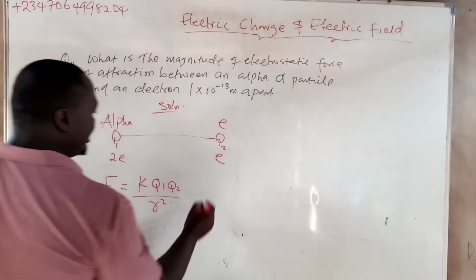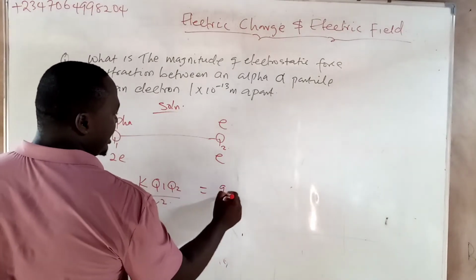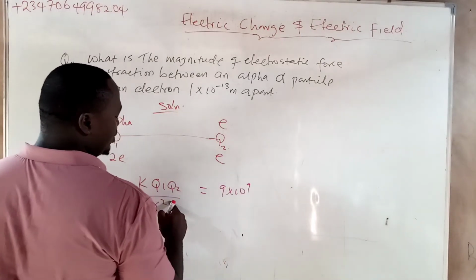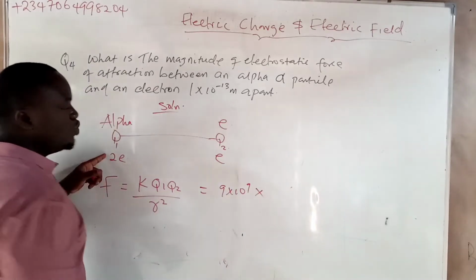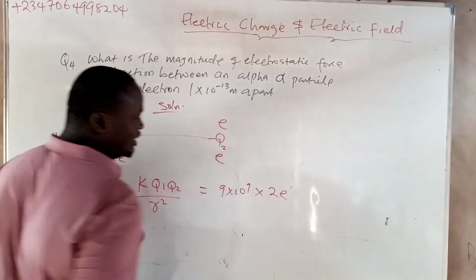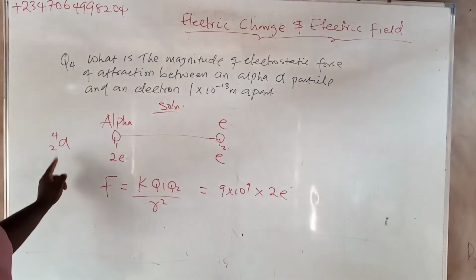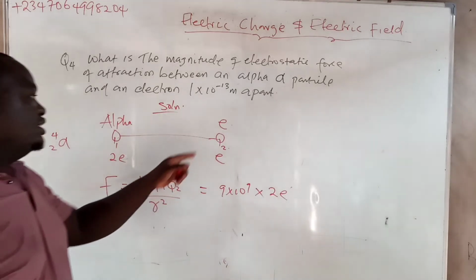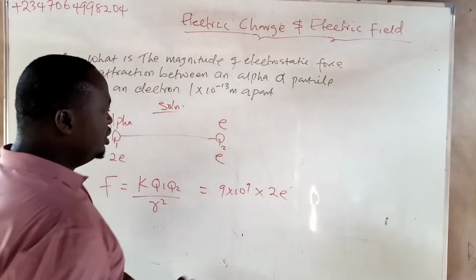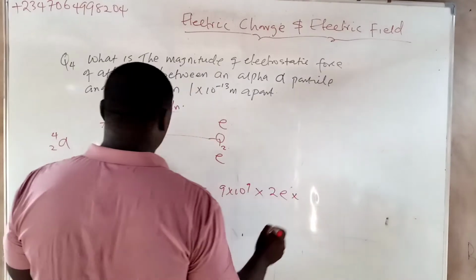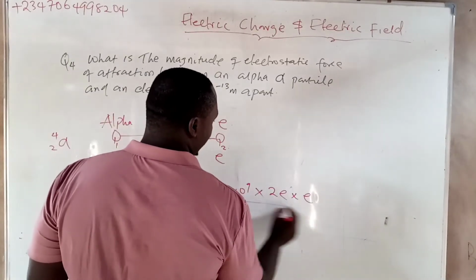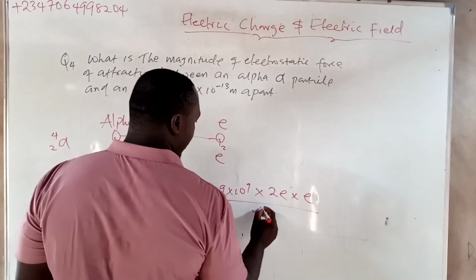So, insert it. This is 9 times 10 raised to the power of 9, a constant, times my Q1, which is 2e, an alpha particle, from this formula. This is a normal electron, so you just have e, times my Q2 is e, divided by R squared.